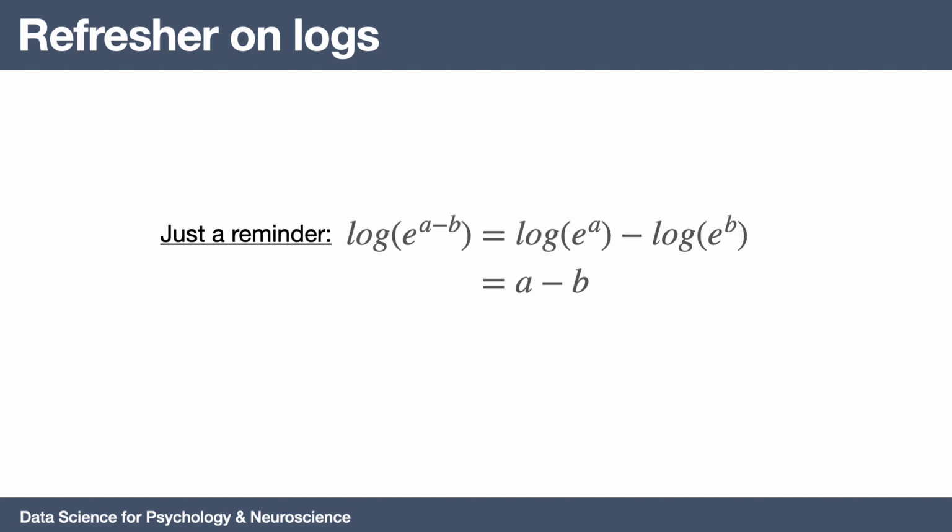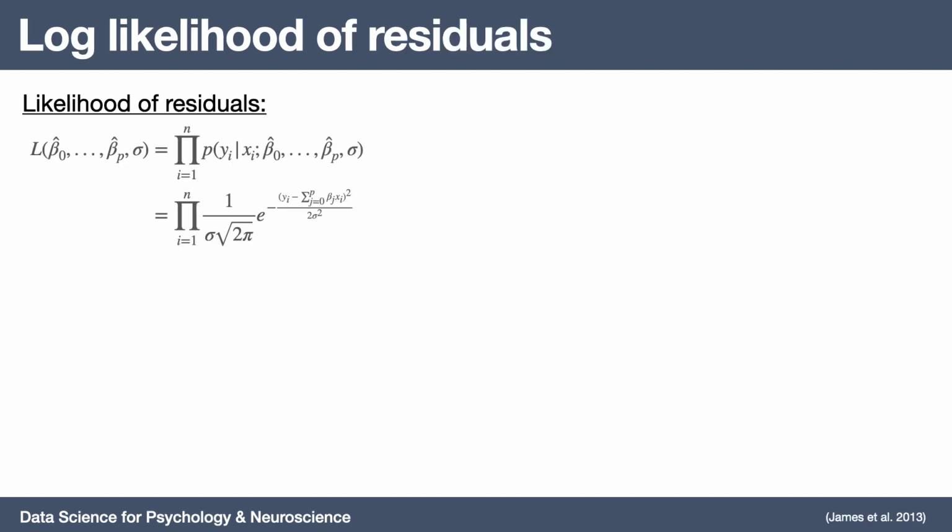Hold that in your head as we go through this proof. So what I'm showing here now on the left is just a repeat of what I showed you a couple slides ago. This is the likelihood of the residuals, which is the product of the probability of every yi that I observe given your input x, your regression coefficients, and a variance.